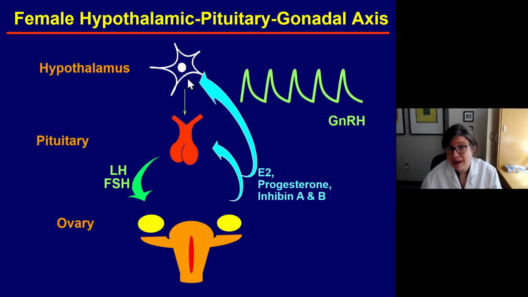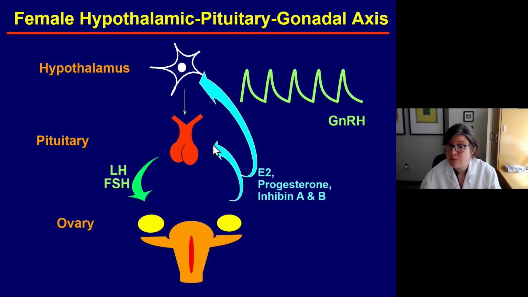And just as a reminder, at the level of the hypothalamus, GnRH, gonadotropin-releasing hormone, is released in a pulsatile fashion, and this can vary in terms of timing depending on where you are in the menstrual cycle. This goes to the pituitary gland, and then you get luteinizing hormone and follicle-stimulating hormone release, which in the ovary produces estrogen, progesterone, and some proteins called inhibins.